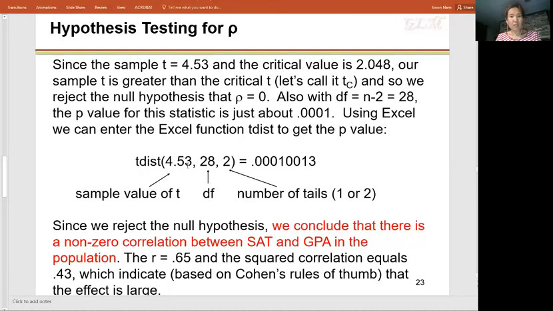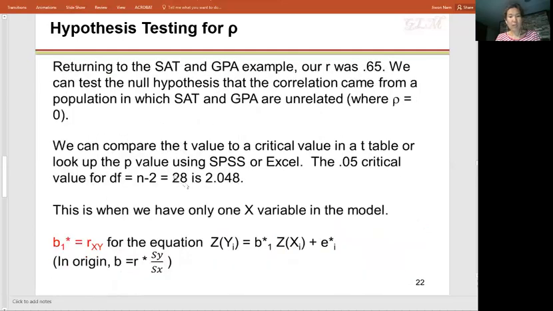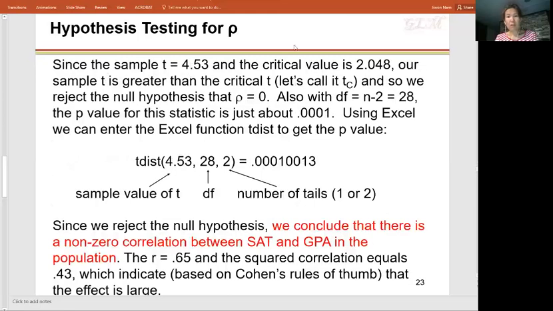So here, 4.53 is our t statistic. And before, when we have 28 degrees of freedom, we got this t value, which means this is the critical value criterion. Then we compare this value and this value.